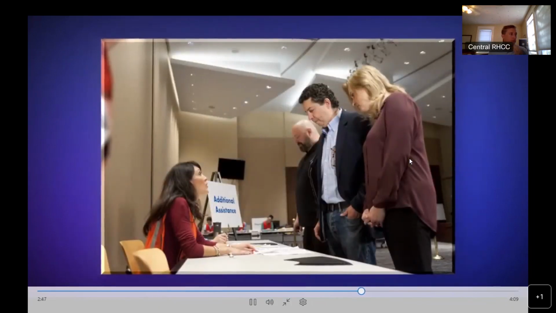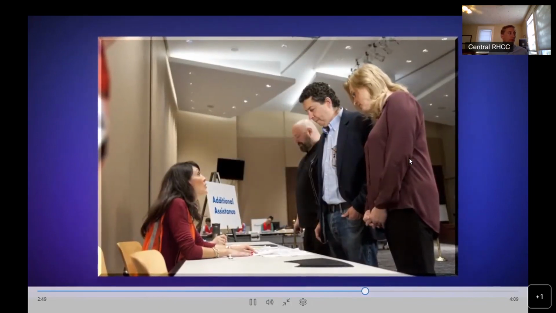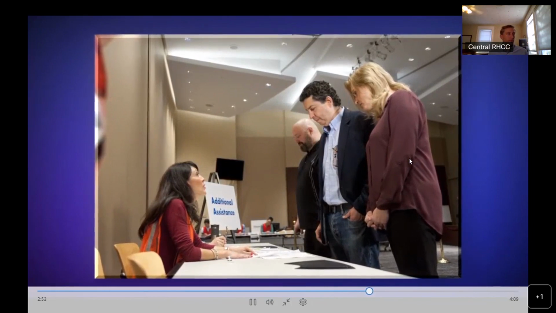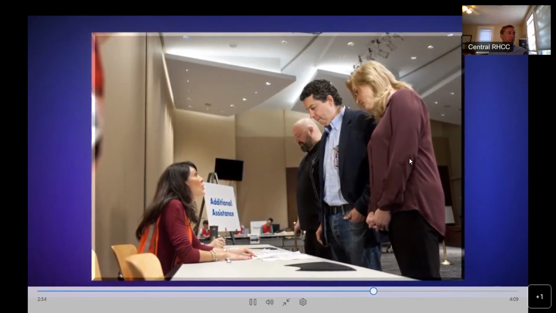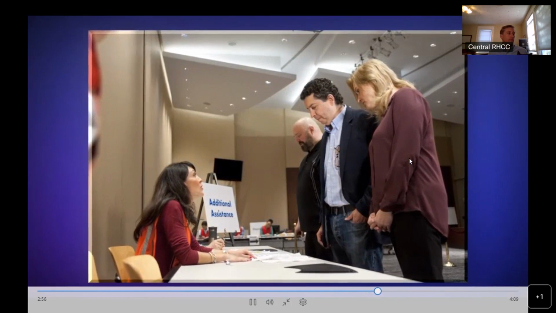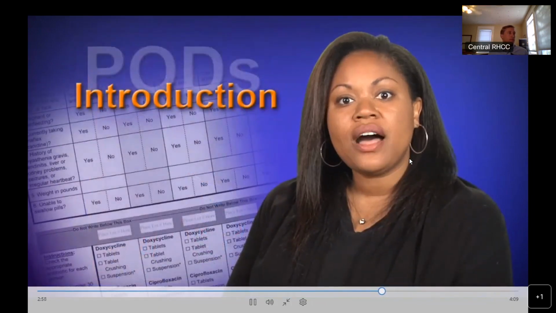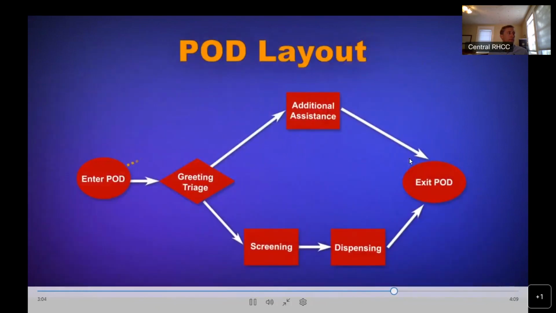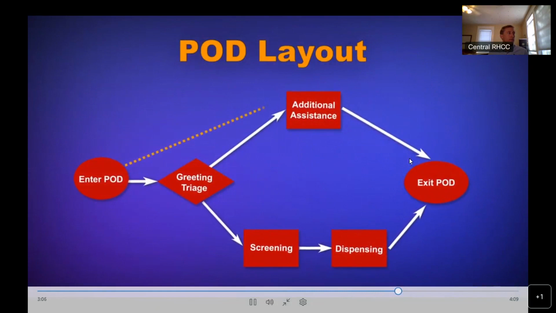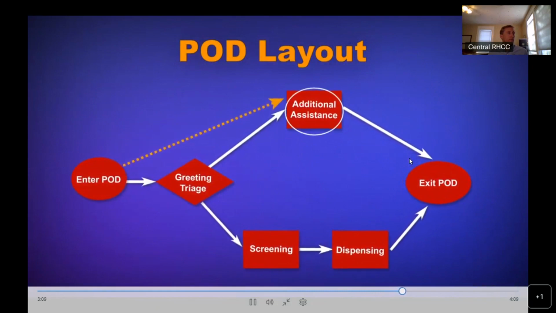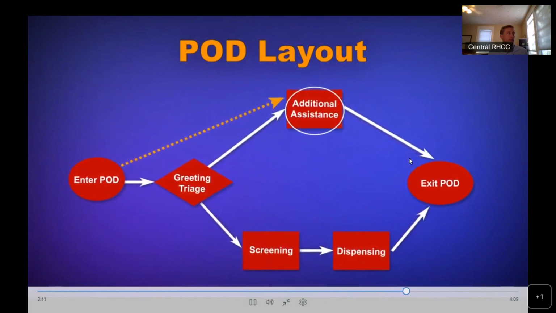If more information or clarification is needed, you would send the client to receive additional assistance at the next appropriate station. For example, a patient with a complex medical history may not be able to take any MCMs offered at the pod. You would send that client to a station that has pod staff who can provide additional support and guidance.